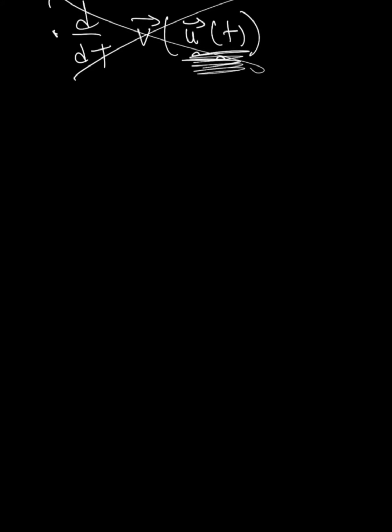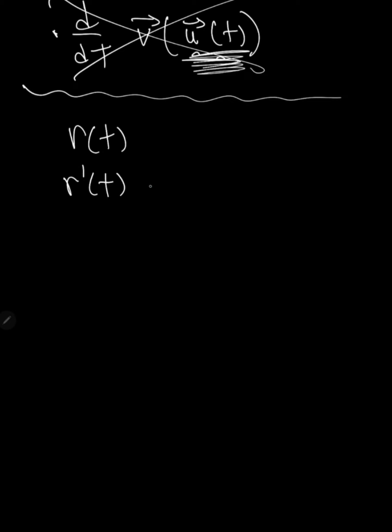Okay, let's take more derivatives. So we had r of t, right? We had r prime of t, and this was our velocity, right? And again, this is if we're thinking about r of t as our position, which we pretty much always do, right? Always consider vector valued functions in terms of motion, right?